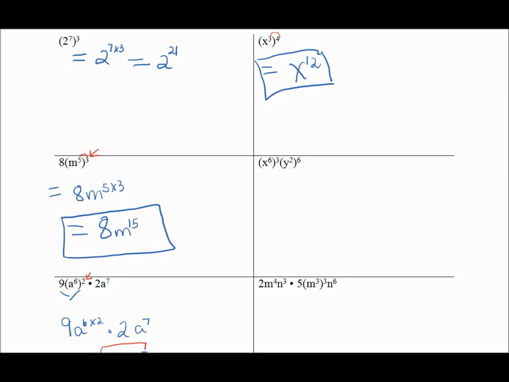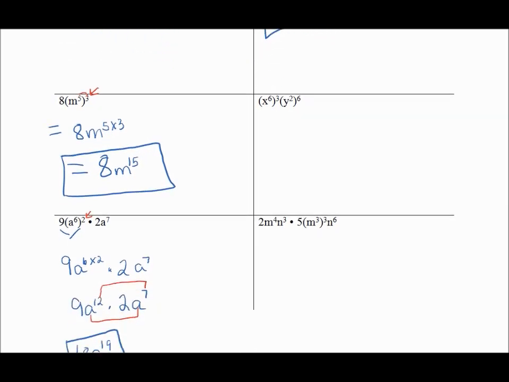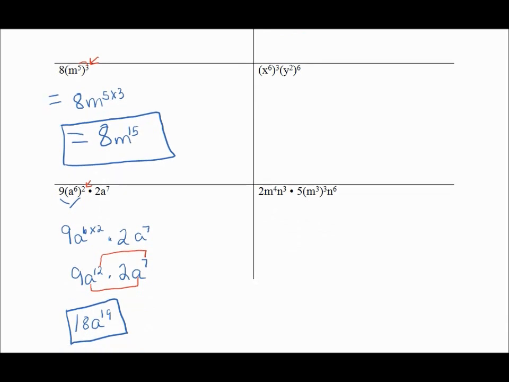It's fairly simple. For the next one, I'll just do each one at a time. I have x to the 6th raised to the 3rd power, so I'll need to multiply 6 and 3. And then I have y to the 2nd all raised to the 6th power. I'll need to multiply 2 times 6.